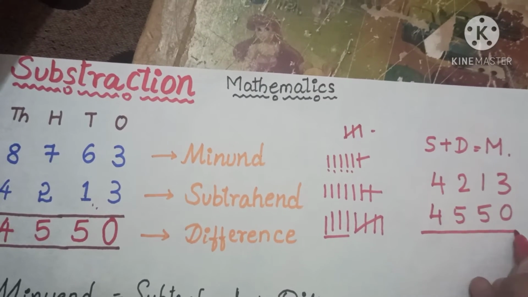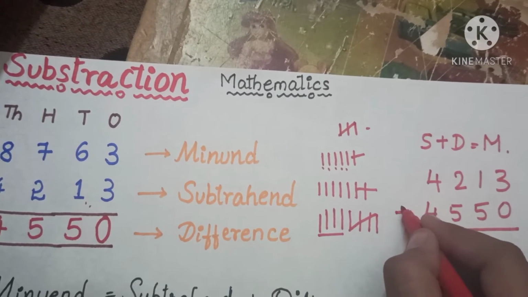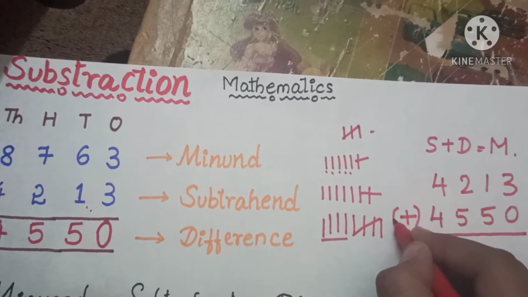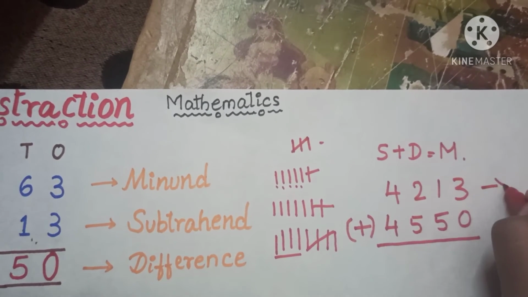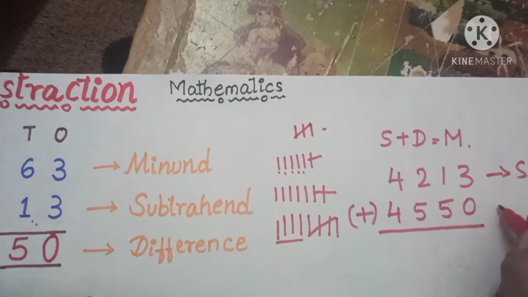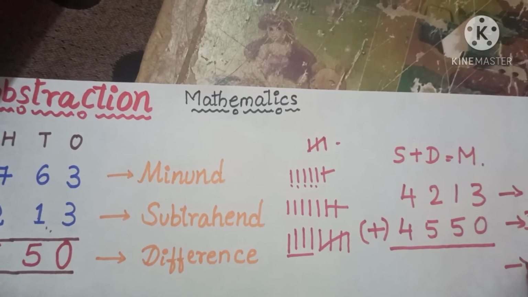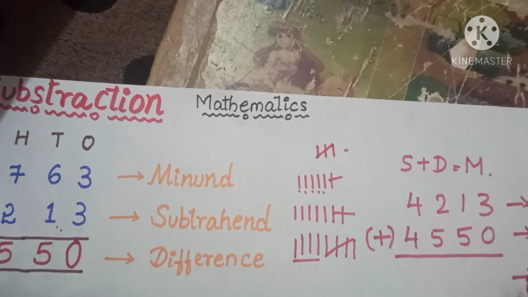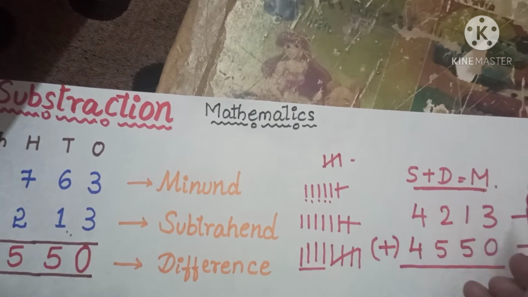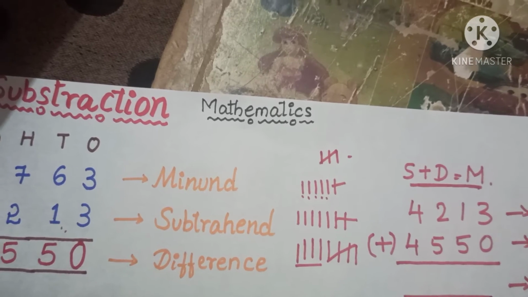Now what we should do is not subtract but add, where this is the subtrahend and this is the obtained difference, and the value we get is the minuend, as we have told here. Now we shall add it.